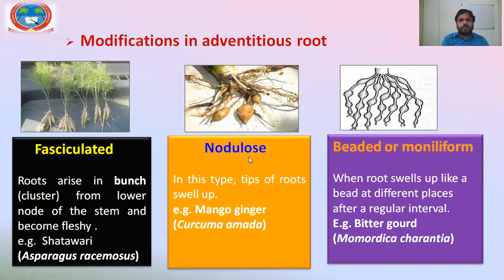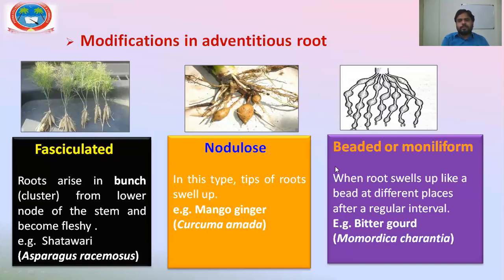This type of root gets swollen at the tip. The best example is mango ginger, Curcuma amada. In this plant, the tip of the root is swollen, so it is called a nodulose root.